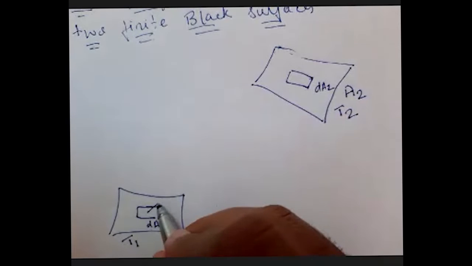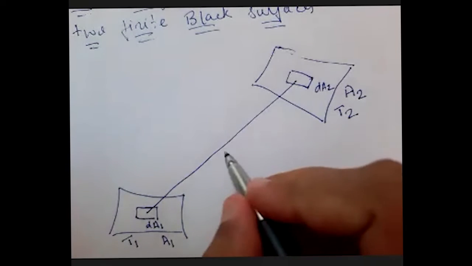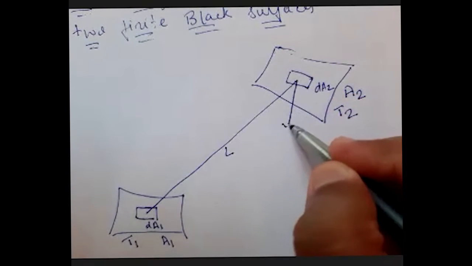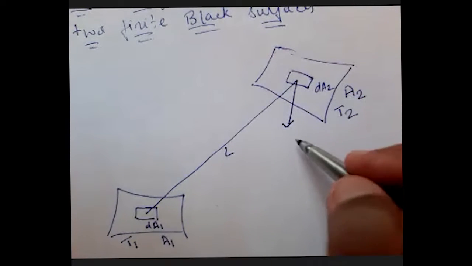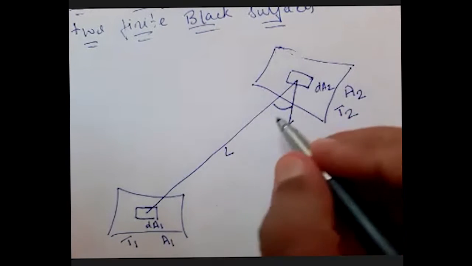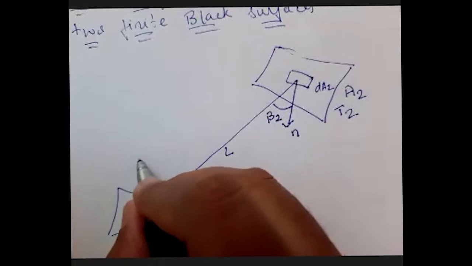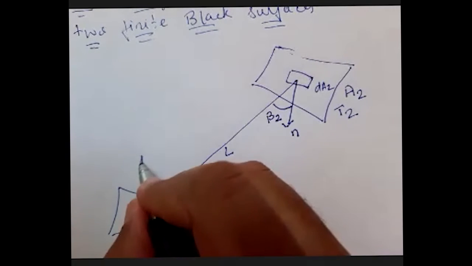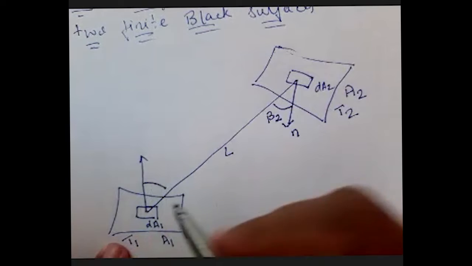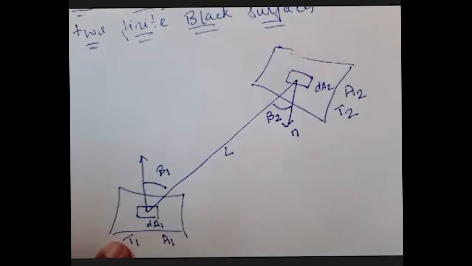The distance between these two surfaces we had taken as L, and the normal to surface 2 is N, and the angle between the normal and the line joining them we have taken as beta 2, and the corresponding angle at dA1 we have taken as beta 1.